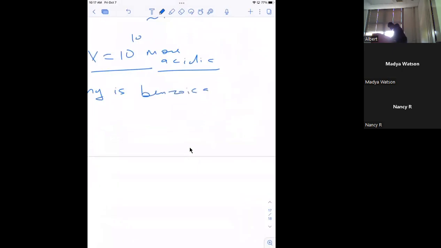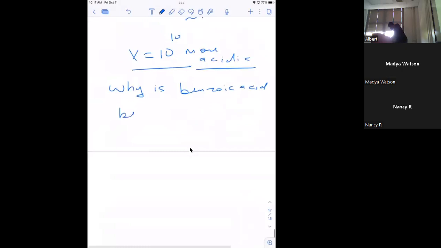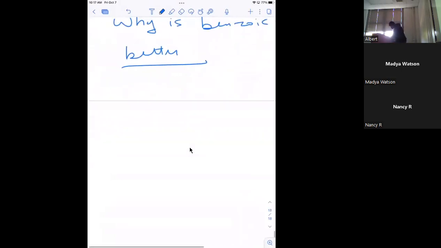Why benzoic acid? They're going to say it's the aromatic. That's the main point, but the aromatic contributes because it adds induction. That's right. So let's look at the conjugate bases. We have OH minus, and then we have the benzoate anion.